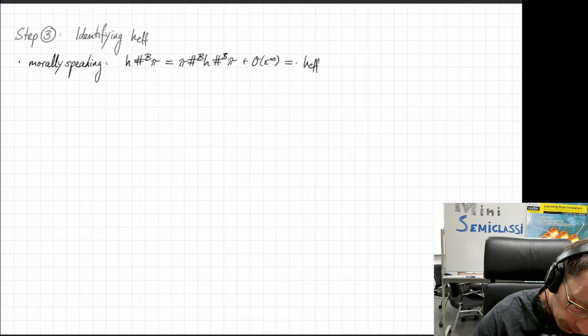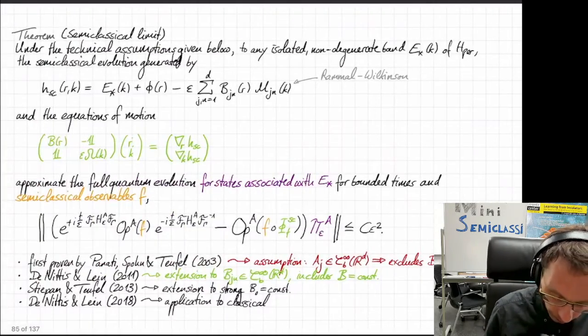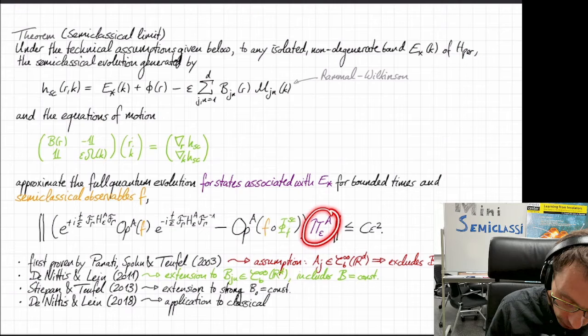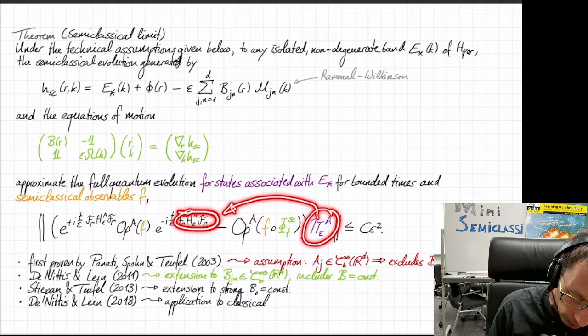Then if you look at the original form of the semi-classical limit, then you see we have this projection here, and we have the operator op A h here.